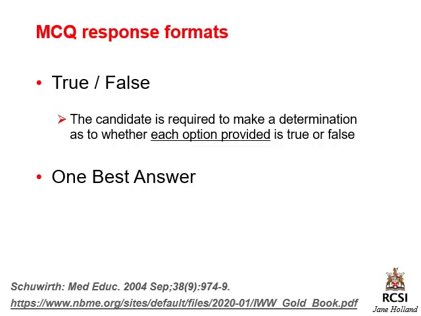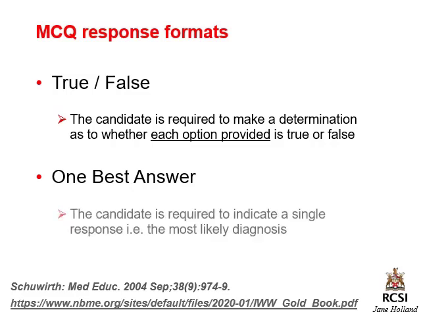So now in medical education we've moved over to what we call the one best answer or single best answer question. And here you give a situation or a scenario and you ask the student what is the most likely diagnosis or what is the most appropriate first-line antibiotic, and the candidate tells you for this particular situation in this particular patient, this is probably the best antibiotic to give. Again, in another country, if you just change something about the question in another country or with a different drug formulary, another antibiotic might be the more appropriate one to give.